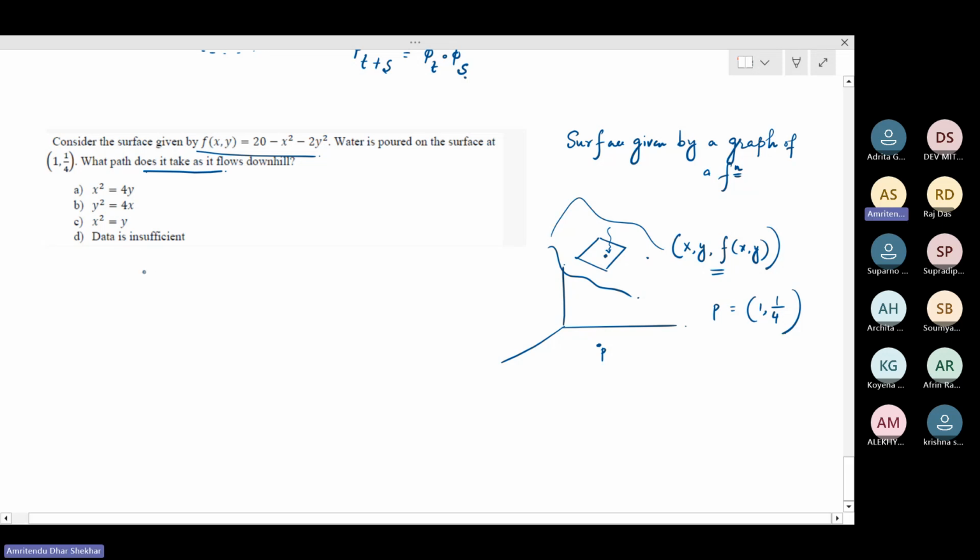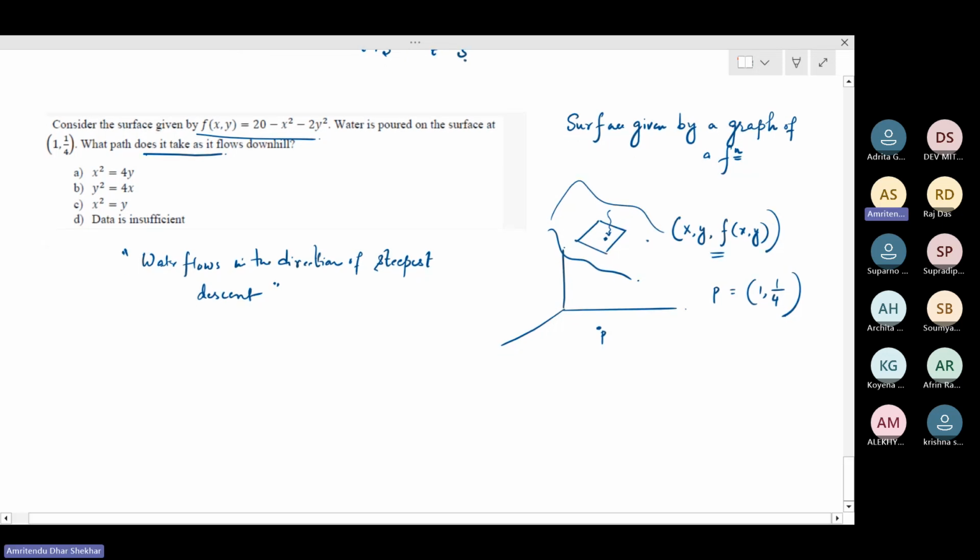So just assume that water flows in the direction of steepest descent. Okay. This is for the sake of this problem.